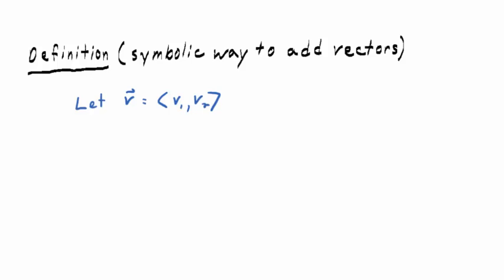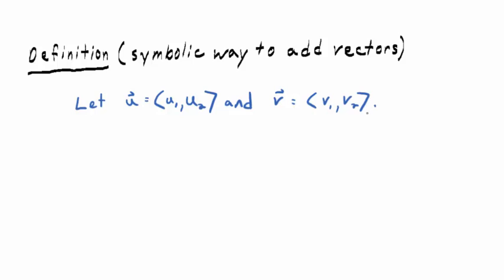And I'll actually state u first because I like alphabetical order, I suppose. And I'm going to let u have the components u1, so this is a subscript 1, u2. So it's just a way to generically, symbolically define u and v.